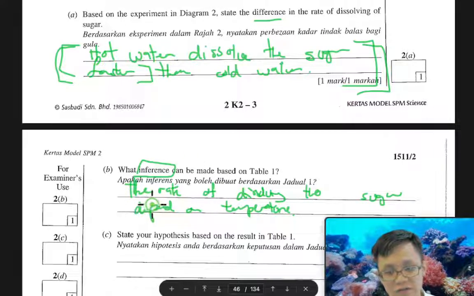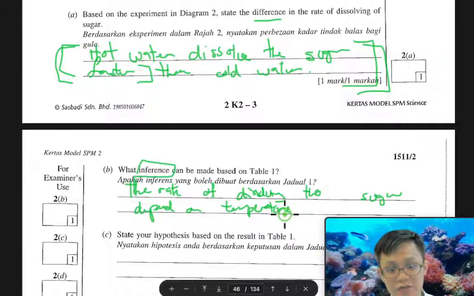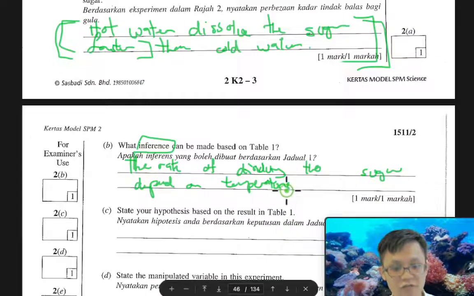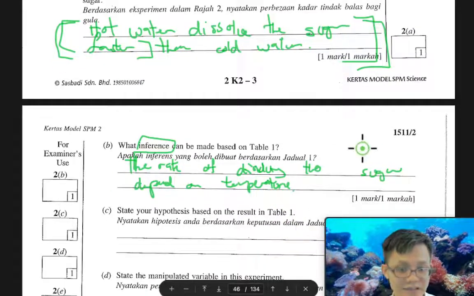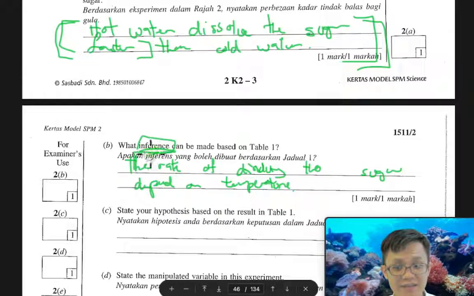You can do another experiment to test it, because you are saying it depends on temperature. If you want to test this, maybe you do 37 Celsius, 38, 39, 40, 41, 42, or intervals of 5, 10, 15, 20. This is the inference because you haven't tested it yet.